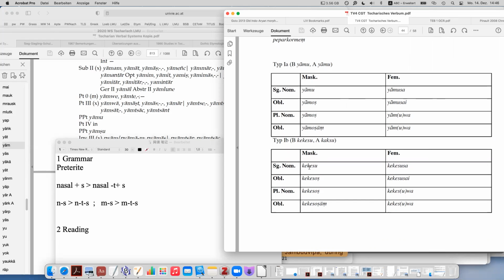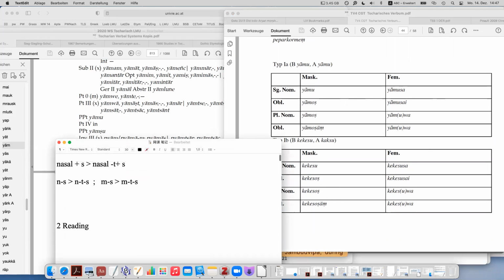And then the second kind is actually with reduplication, like kekesu and kekeshos and so on. So actually, the Tocharian preterite participle goes back to the Proto-Indo-European perfect participles. This is why we have reduplication here. Okay, and then the Tocharian preterite actually has two origins.